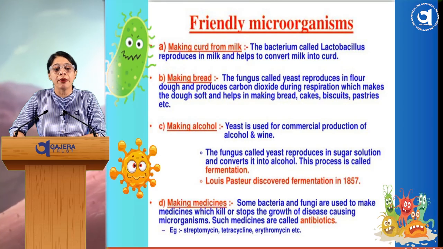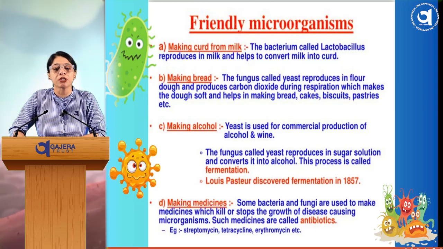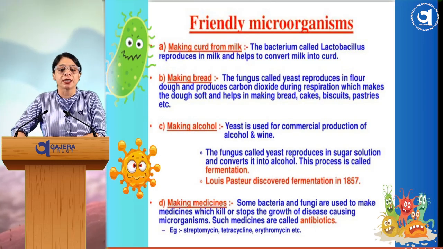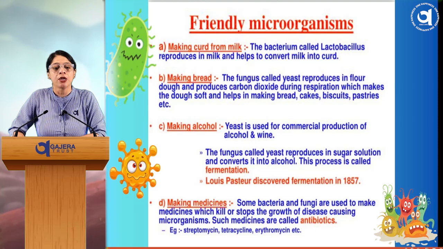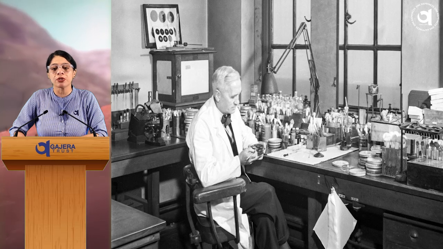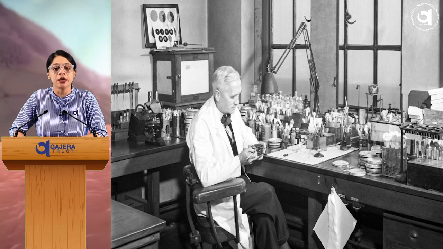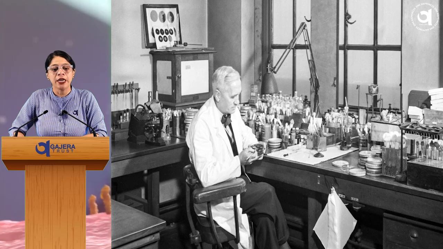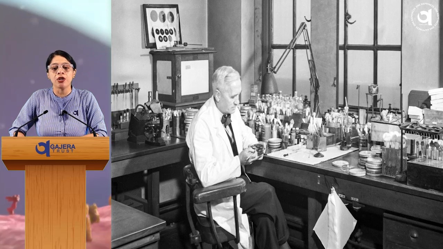Number 4, making medicines. Whenever you fall sick, the doctor may give you some antibiotics, tablets, capsules or injections. In 1929, Alexander Fleming was working on a culture of disease-causing bacteria. He observed that the presence of mold prevented the growth of bacteria. In fact, it also killed many of the bacteria.